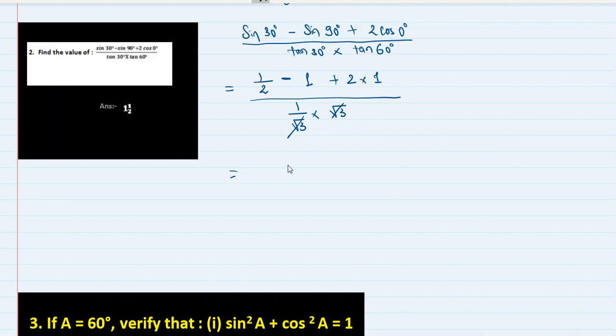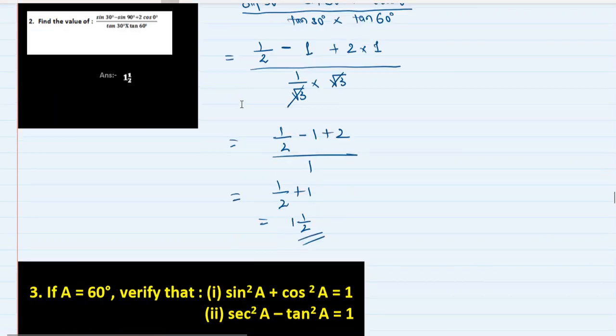So here we have 1 by 2 minus 1 plus 2 upon 1, which is 1 by 2 minus 1 plus 2 is plus 1. 1 plus 1 by 2 is 3 by 2. So simple 4 steps you get the answer. You just have to substitute the values.